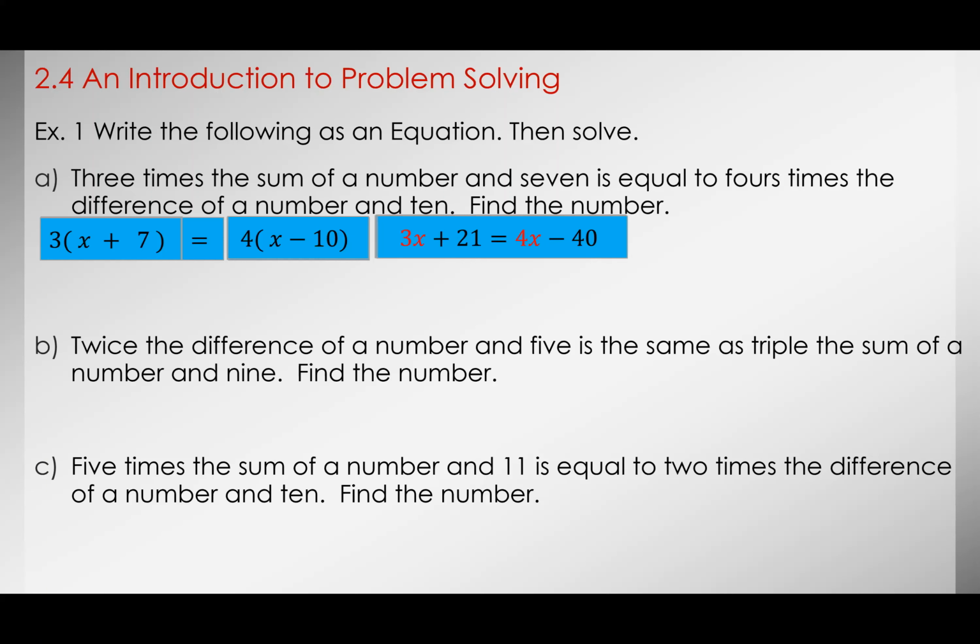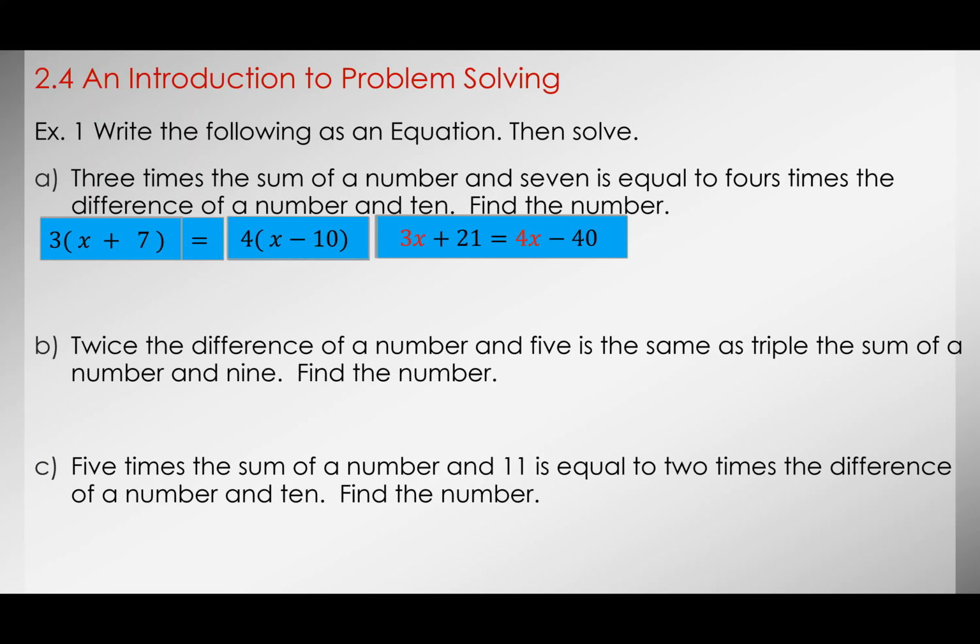And ladies and gentlemen, this is where I tell my students it's up to you. It's not wrong if you move the x from the left to the right, and it's not wrong if you move the x from the right to the left. So the first thing I want to show you is my rule of thumb.